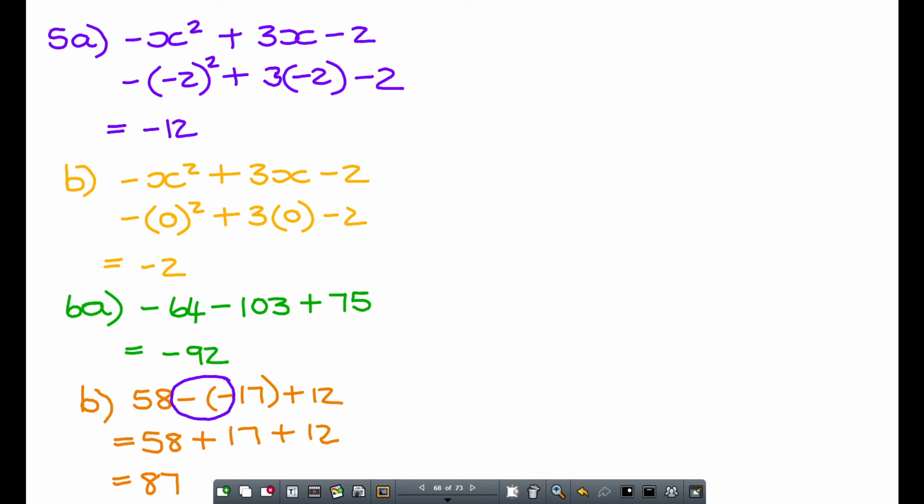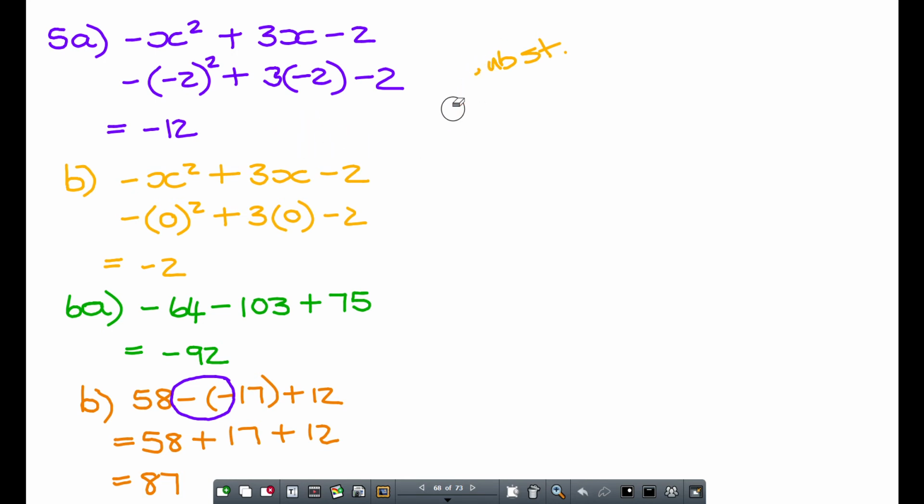Because if you didn't use brackets here, your answer will be completely different. Okay, so brackets are very important when we substitute in. So you will see that over here, you're going to get your first mark just for the substitution. And then your final mark will be for the answer. Okay, so make sure that you show me the substitution and that it's put in brackets.